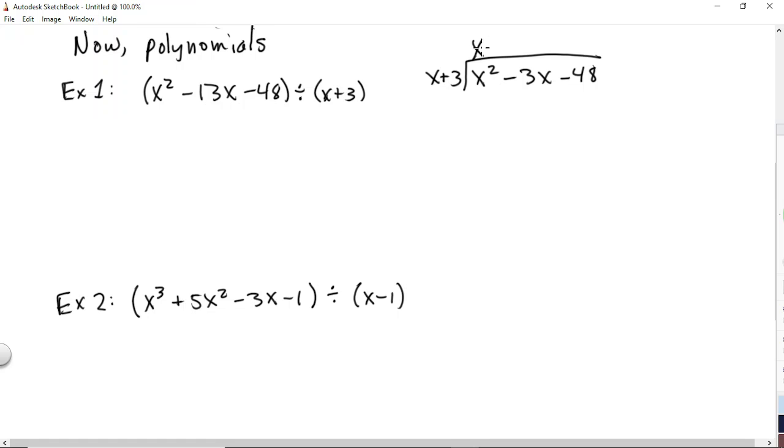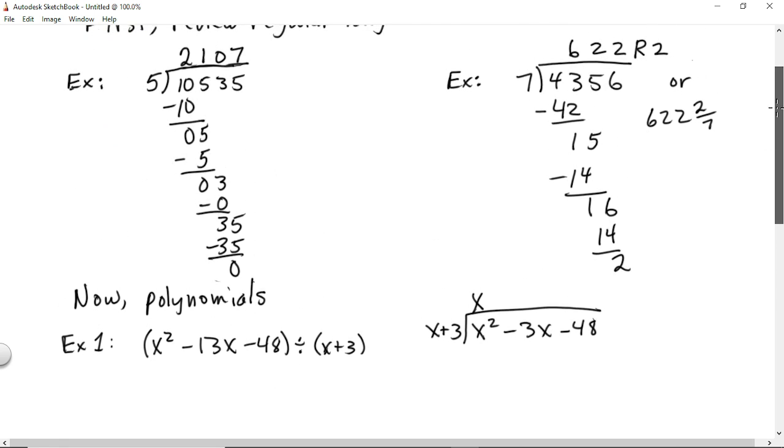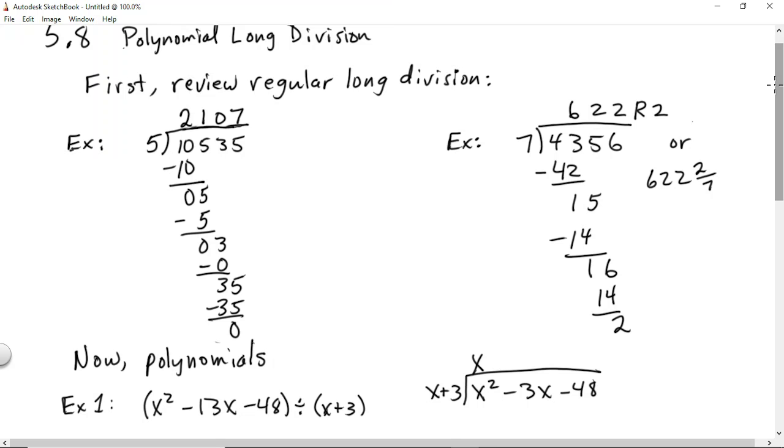So now we go ahead and do that multiplication, and this is just like with the numbers. Look at our first division over here. We found 2. We used 2 because 2 times 5 would give us this 10 that's in here. 2 times 5 is 10.